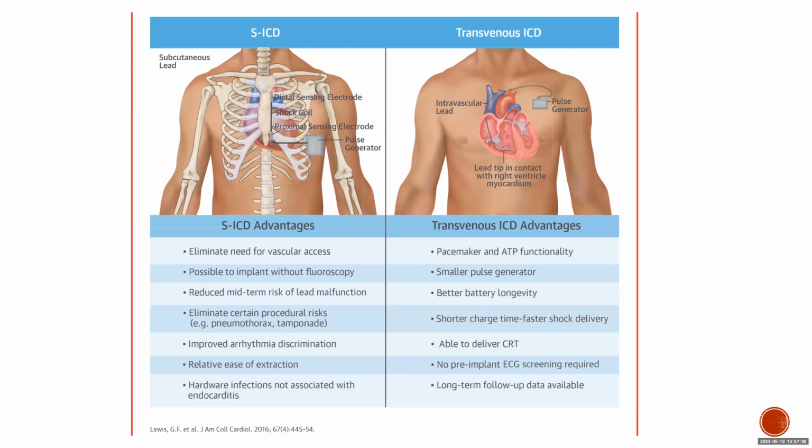Even in patients who are at risk of heart block in the future, for example, the subcutaneous will not pace, whereas transvenous will. That's an advantage. And then, we know the long-term outcomes for transvenous because we've been implanting them since the 90s, but the subcutaneous are newer devices. So just like the leadless pacemakers, we don't know the long-term, but it's an option for some patients.